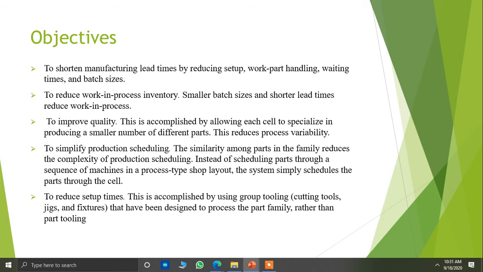This can be achieved by different techniques. The first one is that you group the tools together, fixtures or jigs, whatever work holding devices that are together. In this way you can reduce the setup times. You select a particular tool for a particular process, thereby your setup time can be reduced to a greater extent.